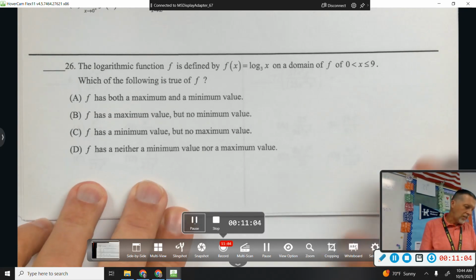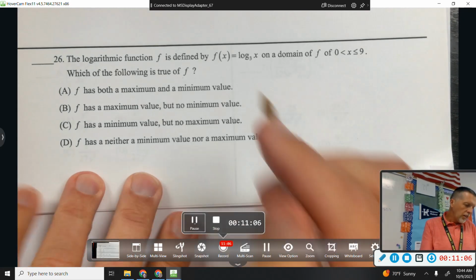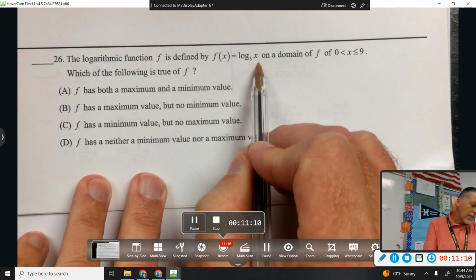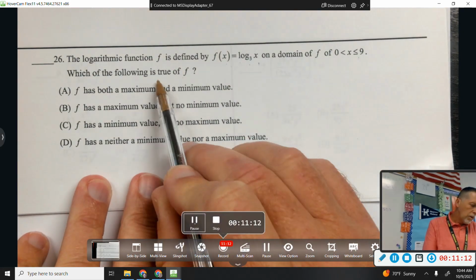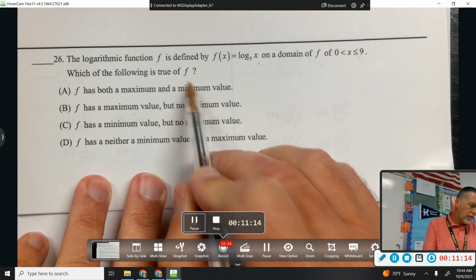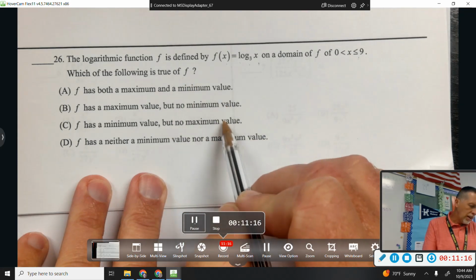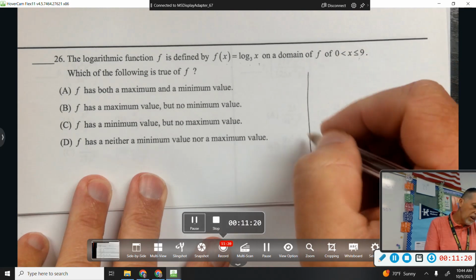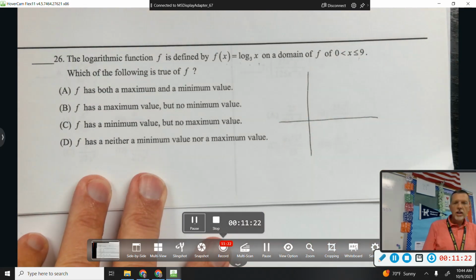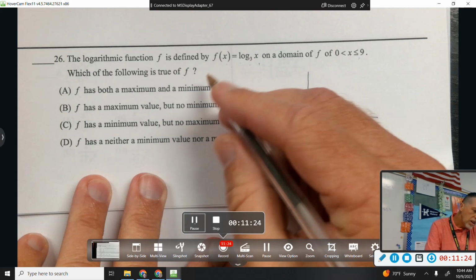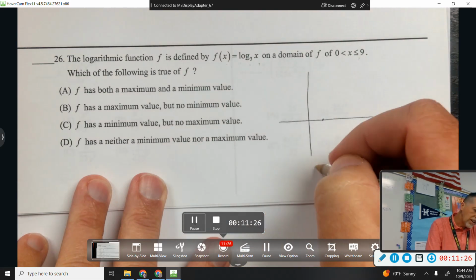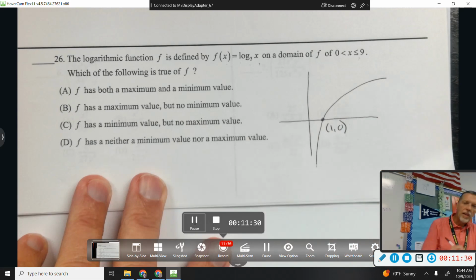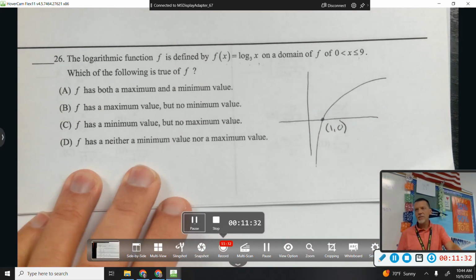Number 26. The log function f is defined by f of x equals log base 3 of x from 0 to 9. Which of the following is true of f? Has a min, has a max. I don't know. Let's draw a picture. So the log function looks like this. That point is 1, 0 on all of them because the log of 1 is 0.